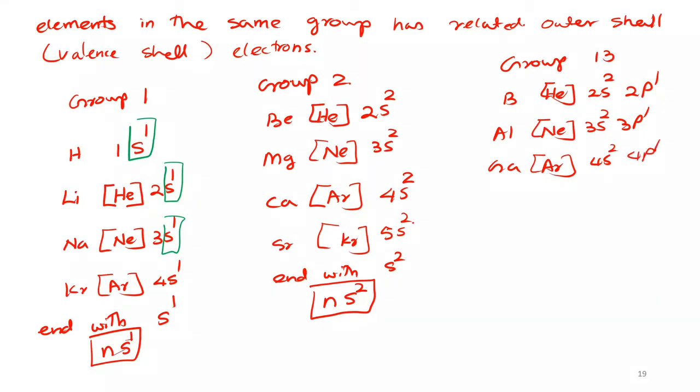So you can see all end with a p1. To be more precise, it is ns2 np1. And as you go on, you will see that group 14 will have ns2 np2 and so on, that kind of a pattern.